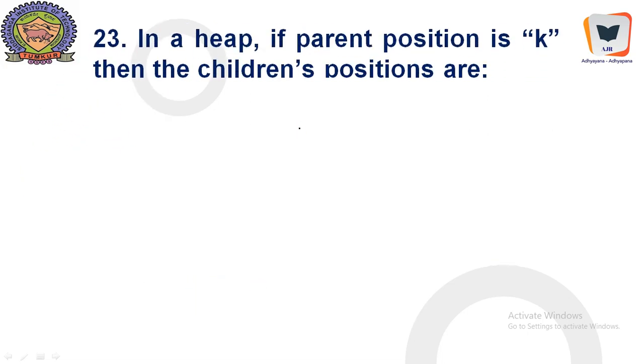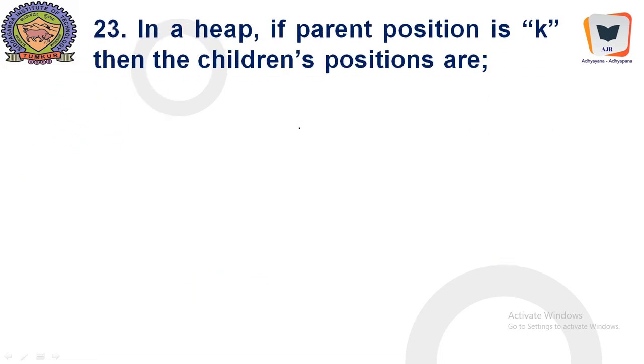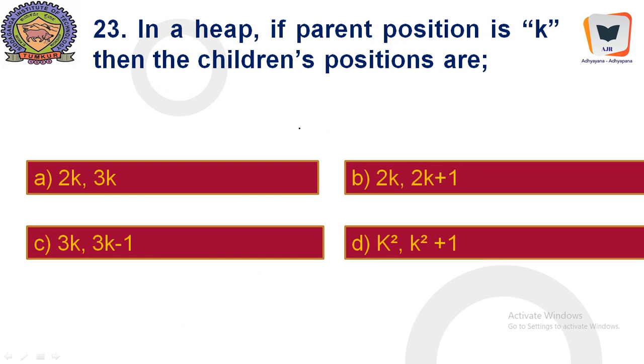Right. In a heap, if the parent position is k, then the children's positions are, okay. In a heap, the keys are arranged like this. It will have a parental dominance. If this is the key 50, its child keys should be lesser than that.